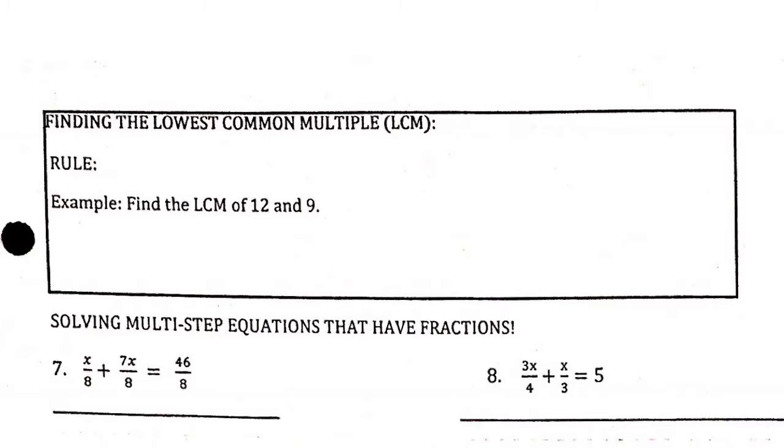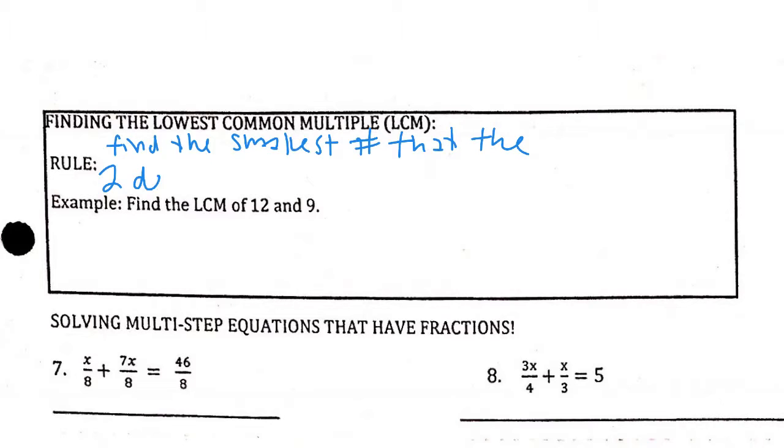And remember, the lowest common multiple means that we need to find the smallest number that the two denominators share as multiples.